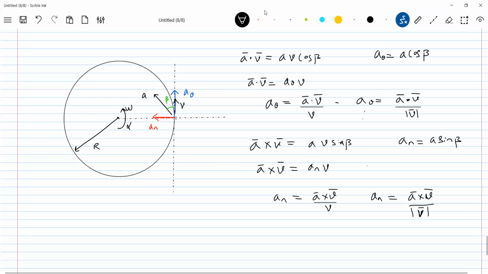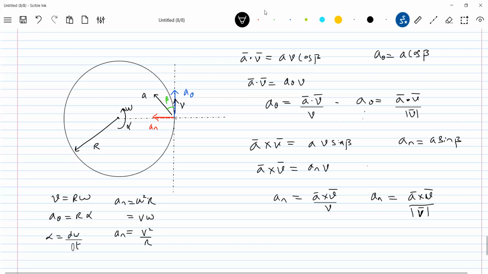So here again, what are some relationships we know? We know V equal to R omega. Let's write them. And a theta, the tangential acceleration, equal to R alpha. And what is A normal? A normal equal to omega square R, or V into omega, or V square by R. Or this tangential, R and alpha is what?